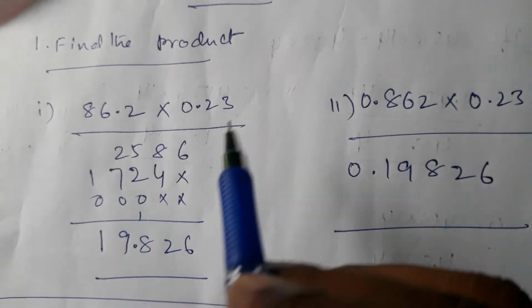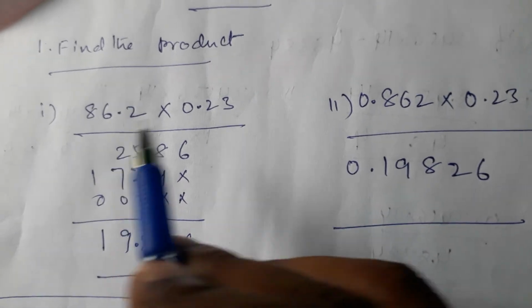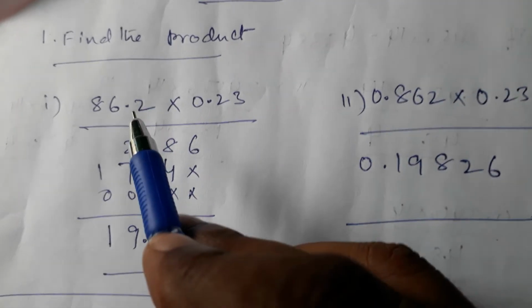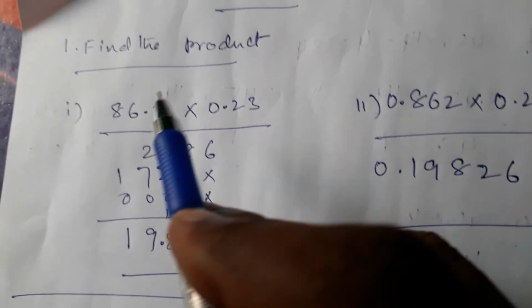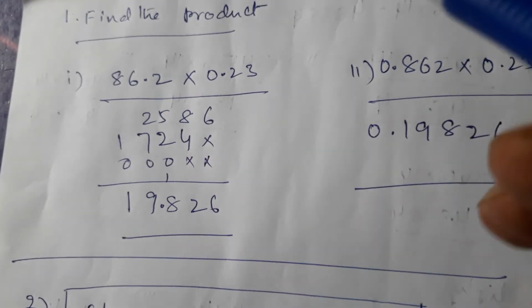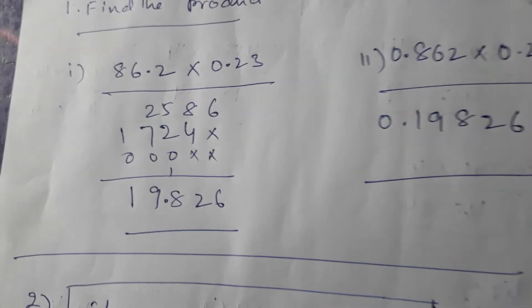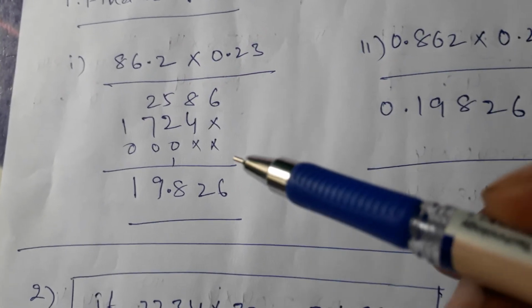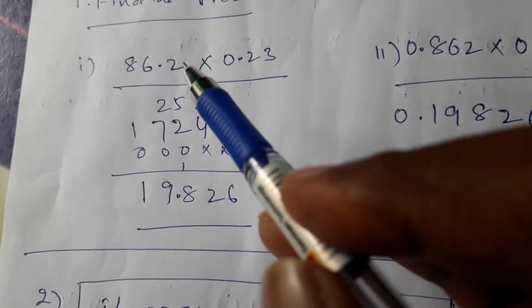In case the numbers are in decimals, both are decimal numbers, here this is a decimal, here also a decimal, multiply as usual. Forget about decimals, don't think about decimals and multiply as usual. Then in the answer you have to consider the decimals.